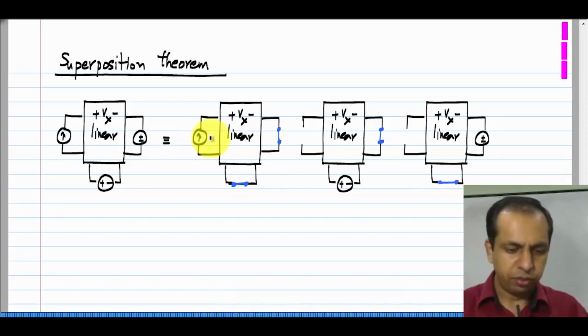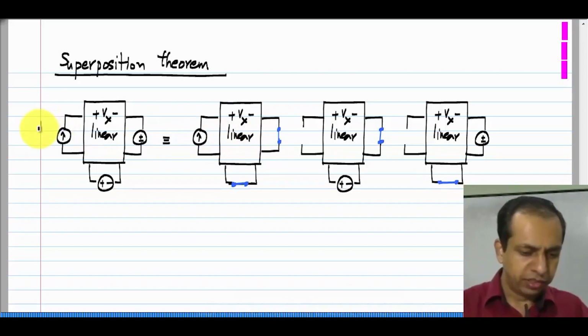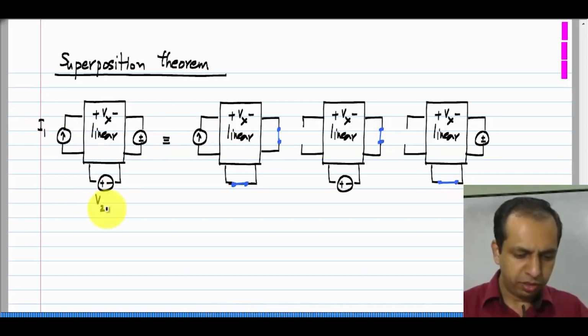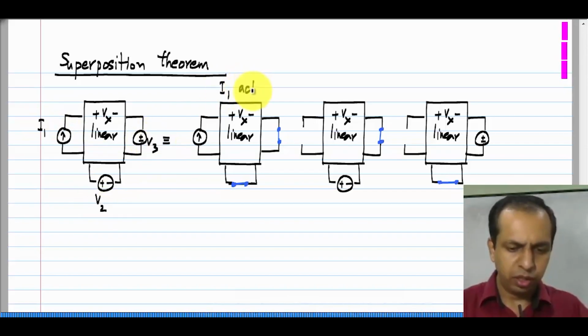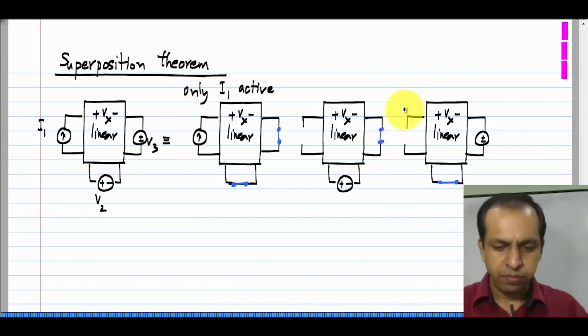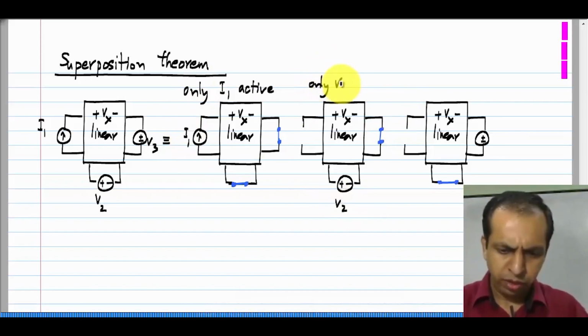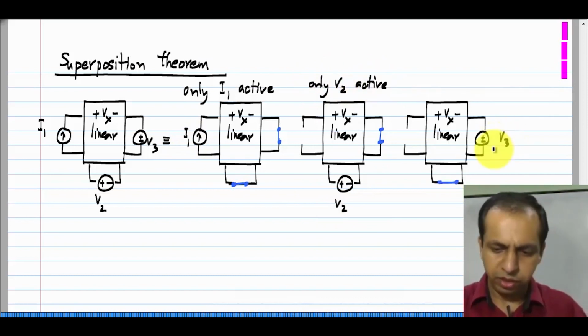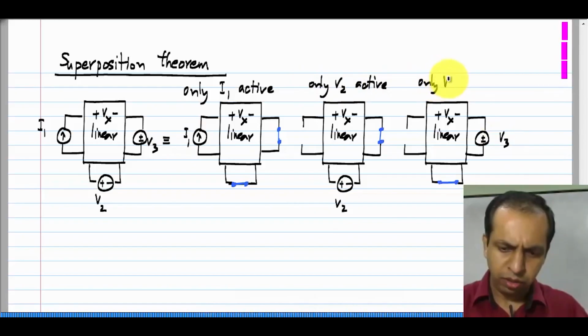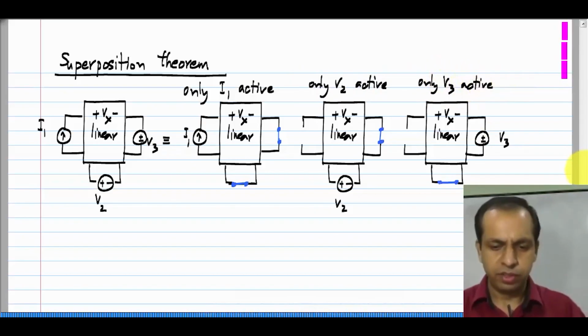The first one in which only the current source is active. Let us say I label these I1, V2 and V3. So, the first one is with only I1 active, the second one is with only V2 active, and the third one is with only V3 active.